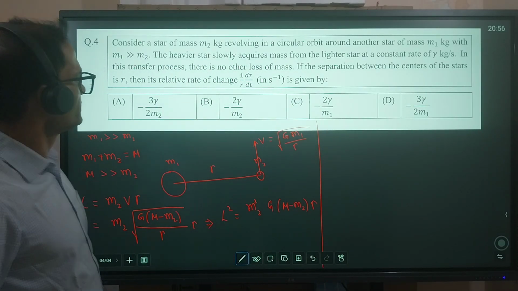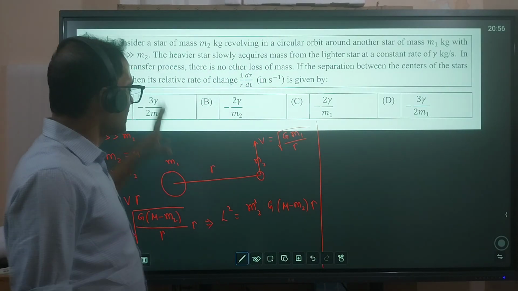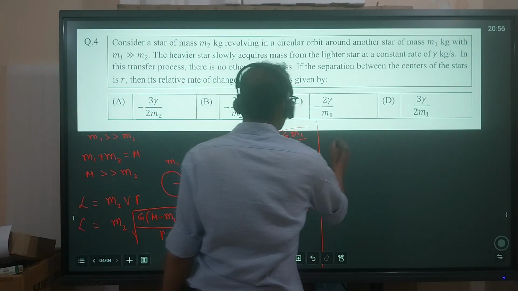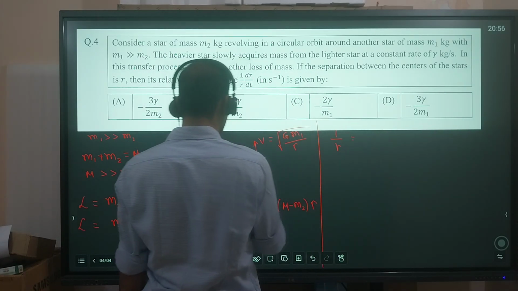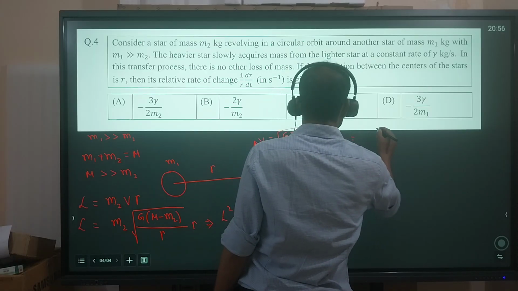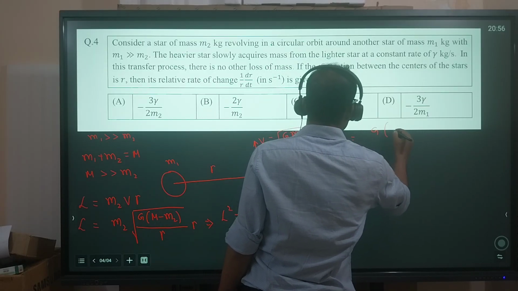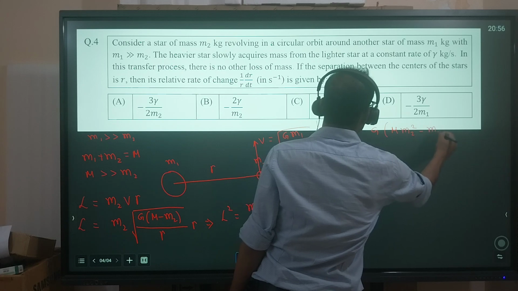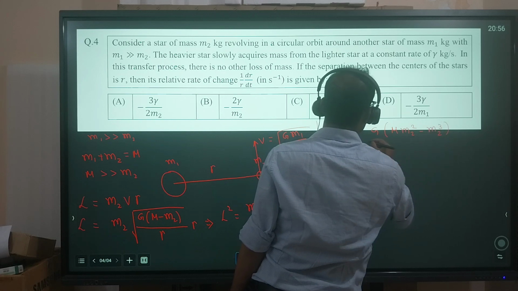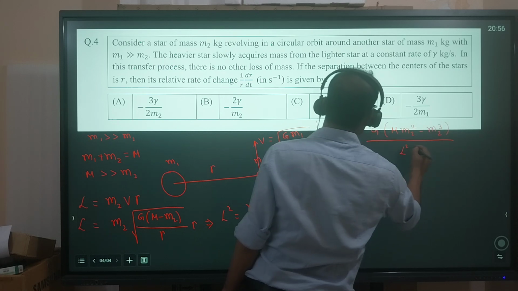Because we have to find this thing, I would like to write 1 by r. So 1 by r will be g m2 square (M minus m2) whole cube divided by L square.